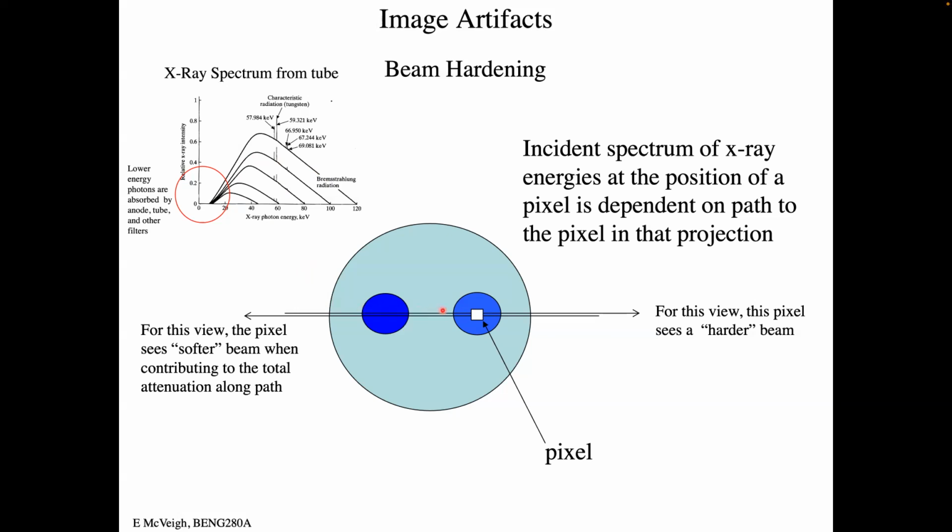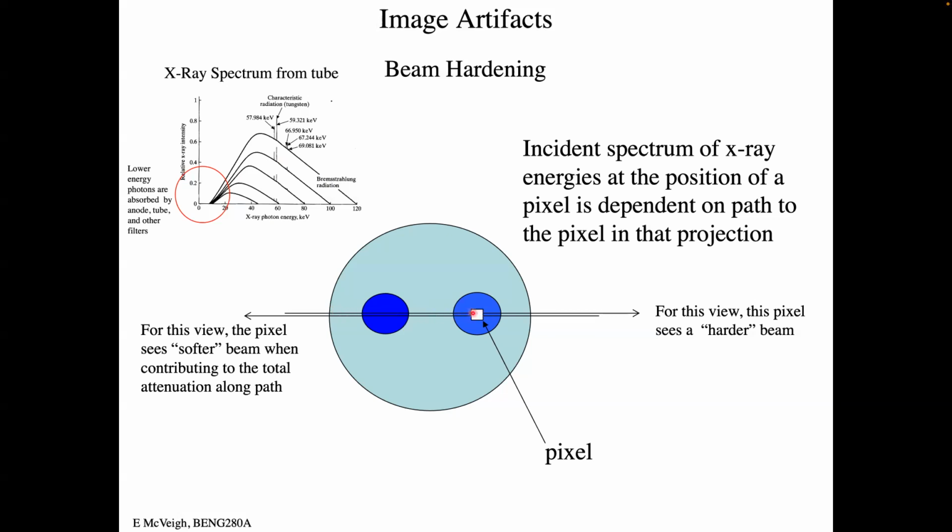And so what this pixel sees as its incident beam has been changed. Its energy spectrum has been changed by the flight path through the patient to there, right? And that's called beam hardening, because the relative number of high energy photons is higher here than it was when it entered the patient. Okay.